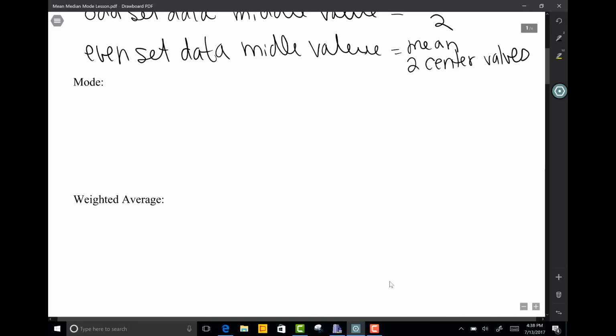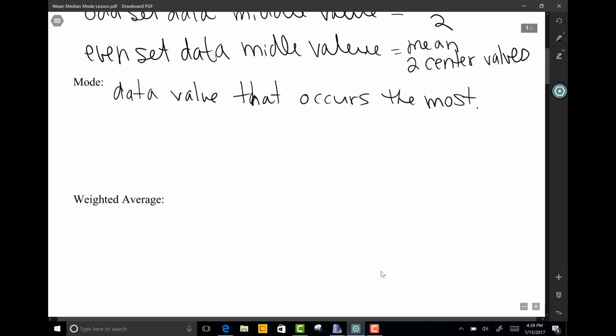The mode is going to be the data value that occurs the most. Now, with the mode, we're going to make 2 notes.